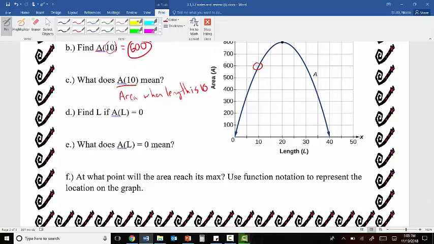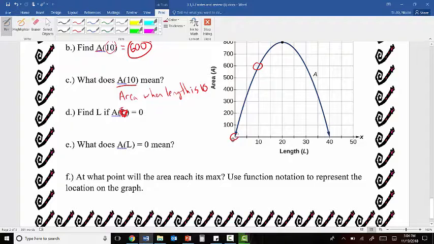So now it's going to switch. Now it's saying find length if the area is 0. So you almost have to kind of ignore the L. Okay, we know area is based on length, but if the area is 0, they're asking what is the length. So you'll have to go to 0 on your area, okay?